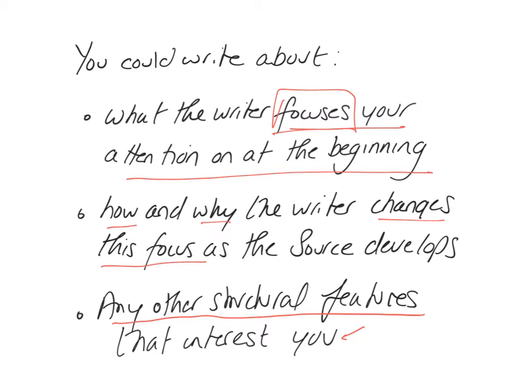I would make sure that in your mind, if not on your paper, you're adding the rest of the question. Because when it says what the writer focuses your attention on at the beginning, it also wants you to look at why this is. Okay, what effect does it have?